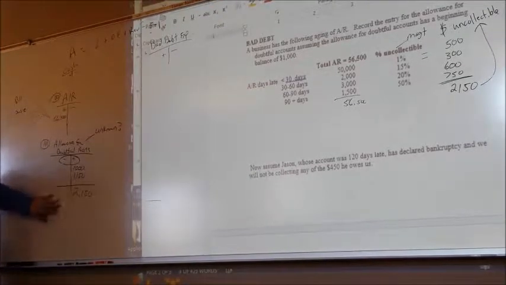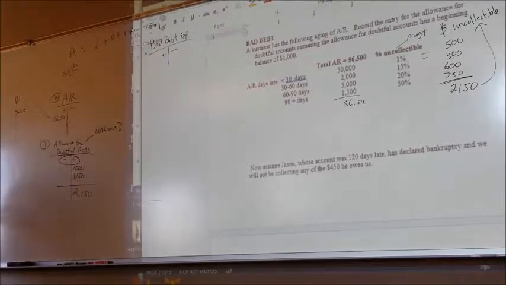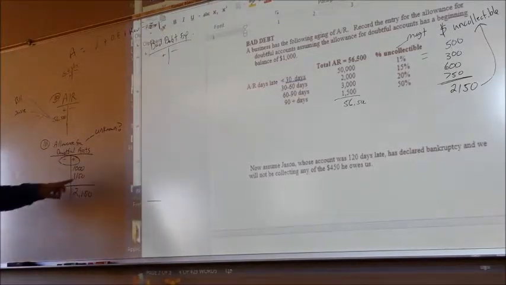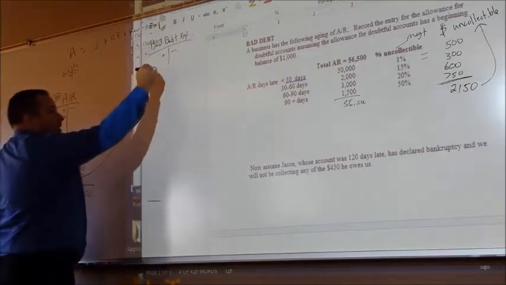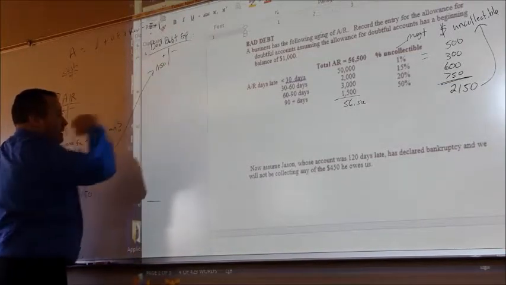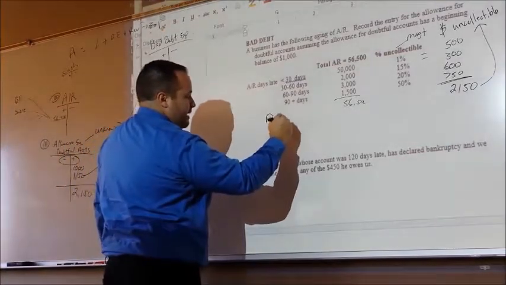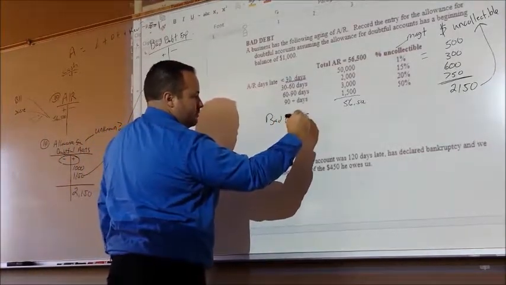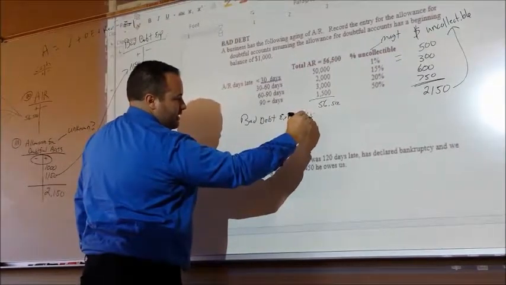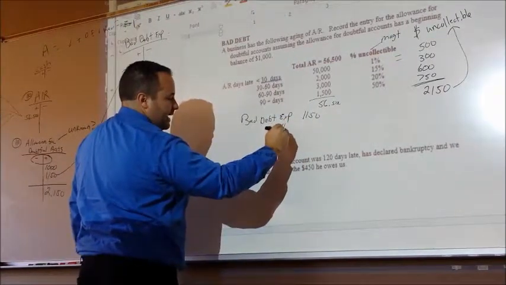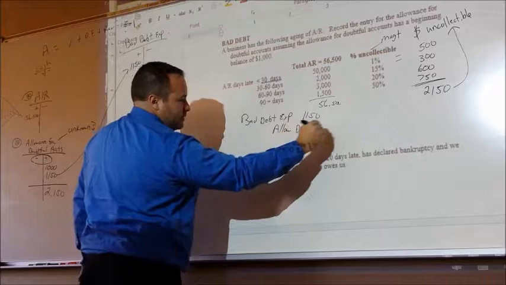If I subtract it, then I'd be in a negative over here. And I put that 1,150, its corresponding entry up here in bad debt. So my journal: bad debt expense for 1,150, credit my allowance for doubtful accounts.